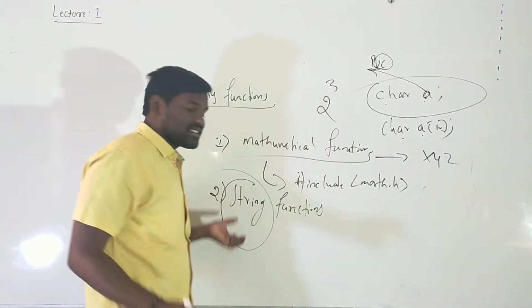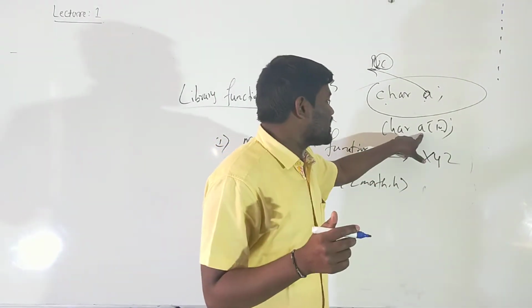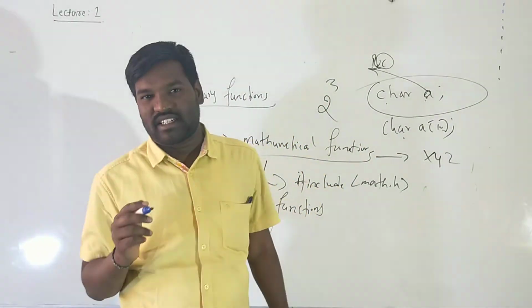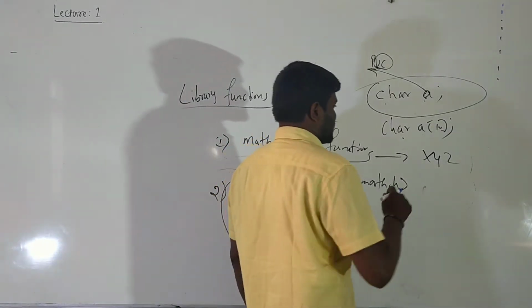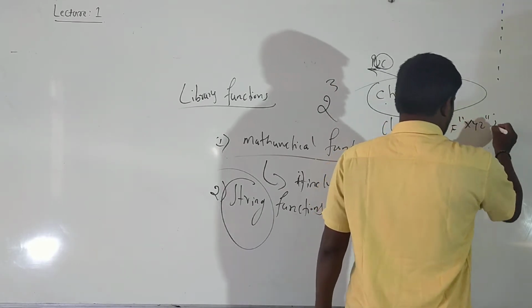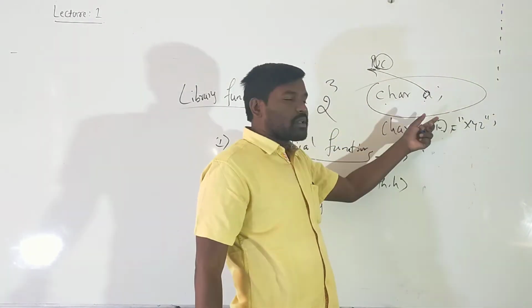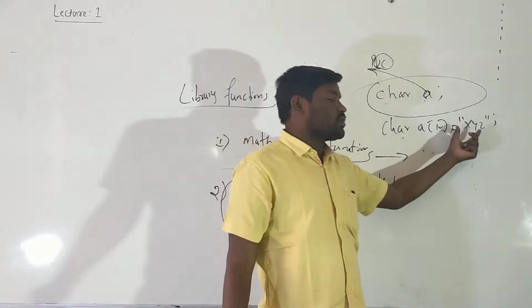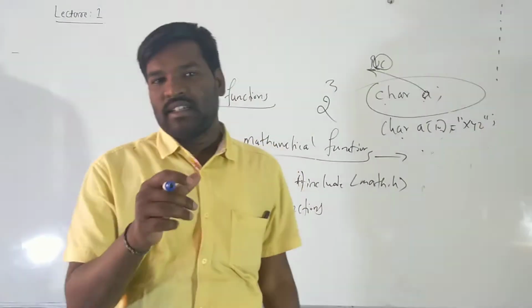A string is a single dimensional array of characters enclosed within double quotes. It means you can directly assign the value, char a[10] = "XYZ". If you want to assign the string to a particular variable, you have to use double quotes. Otherwise, there is no need of using double quotes.